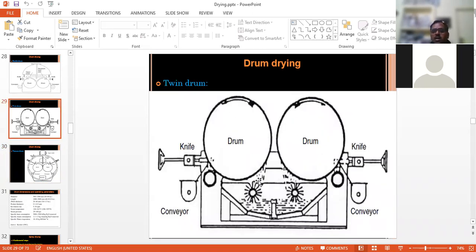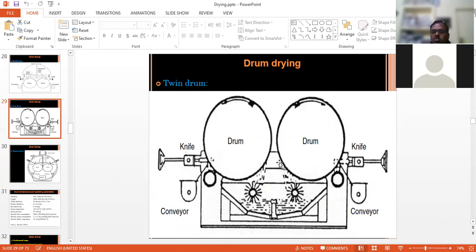This is the plant available in the NDRI experimental dairy plant, and you can see that both drums are rotating in opposing directions, and the doctor's blade is rotating here.